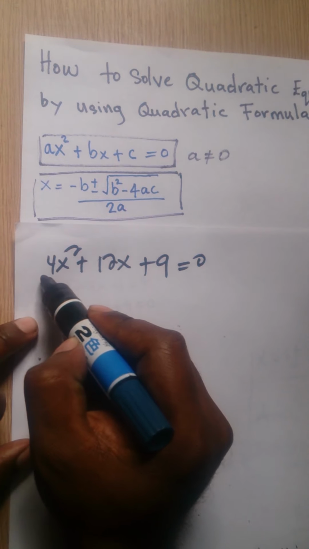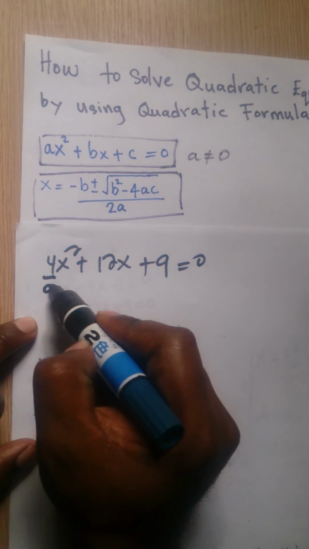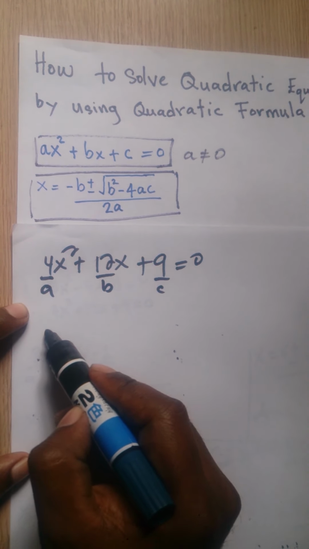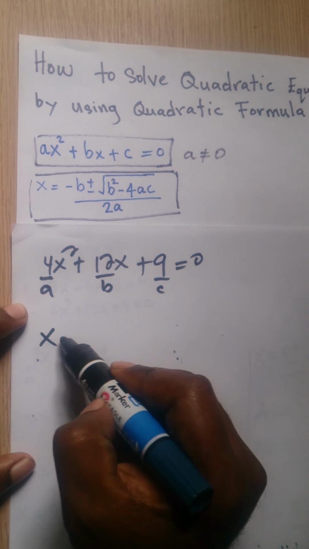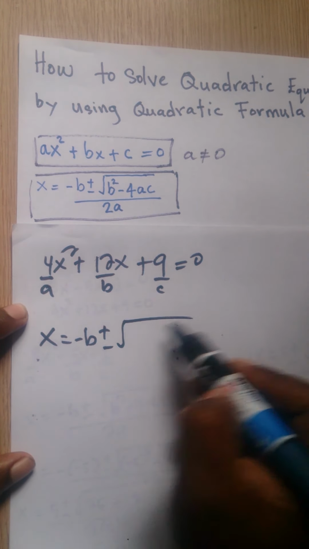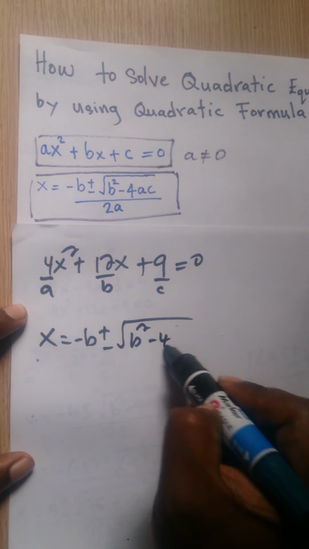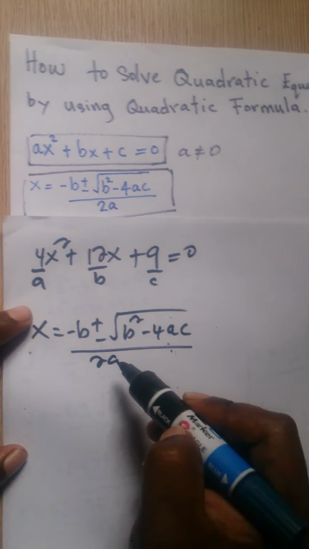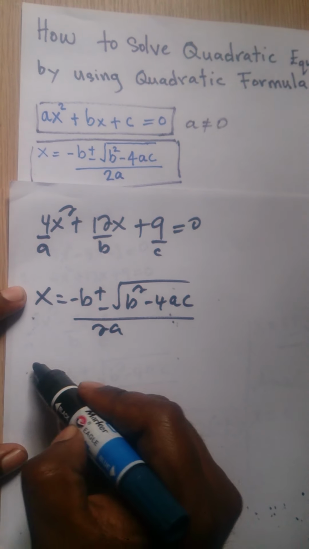In this case, this is our a, this is our b, and this is our c. So our formula is x equals minus b plus or minus the square root of b squared minus 4ac, all over 2a. Let's just substitute the values.